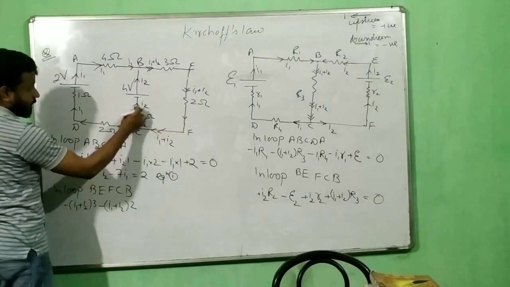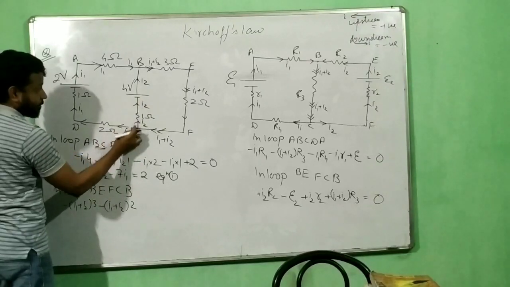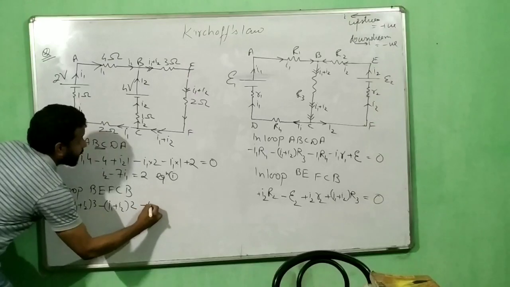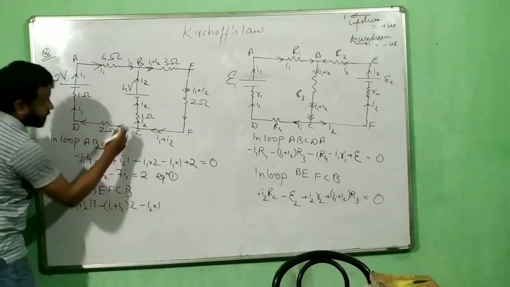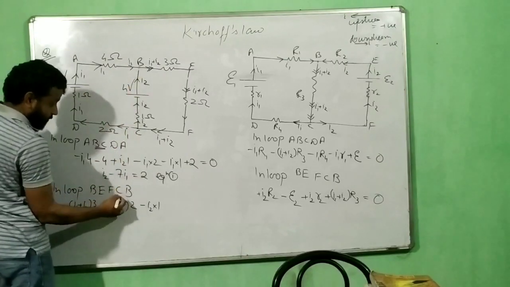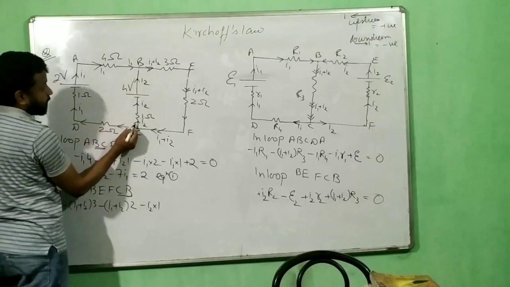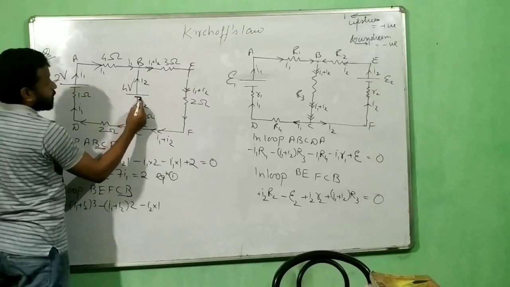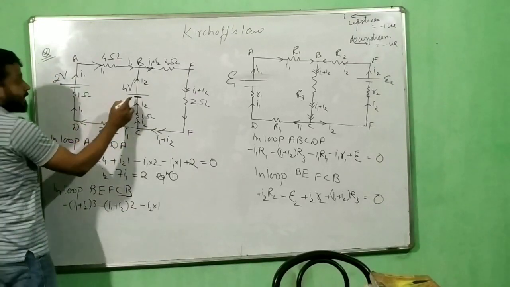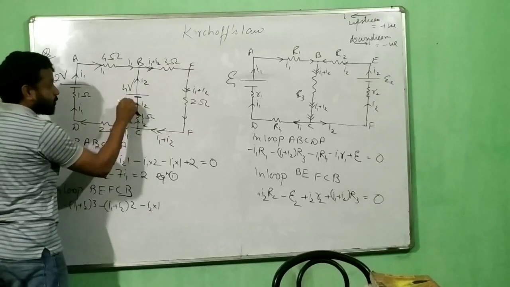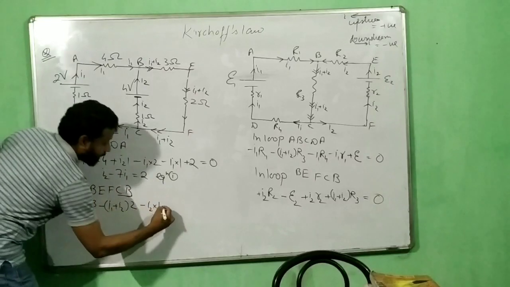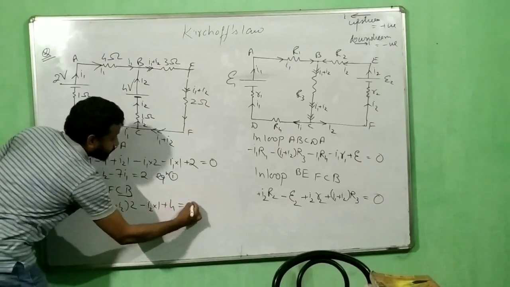Here still you are going downstream, so minus I2 into 1. Now you are going to cross the battery from C to B. When you cross the battery from C to B, you get the negative first and then positive. Negative first means low potential to high potential, so we are going upstream. So plus, equals 0.